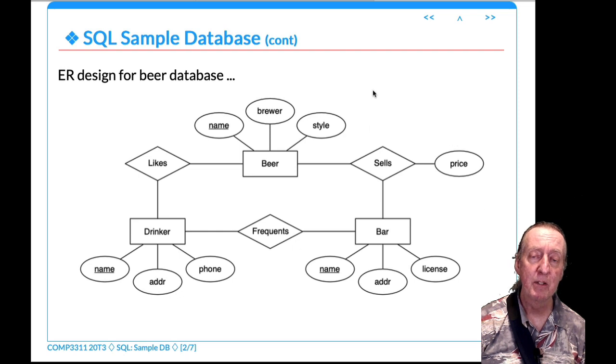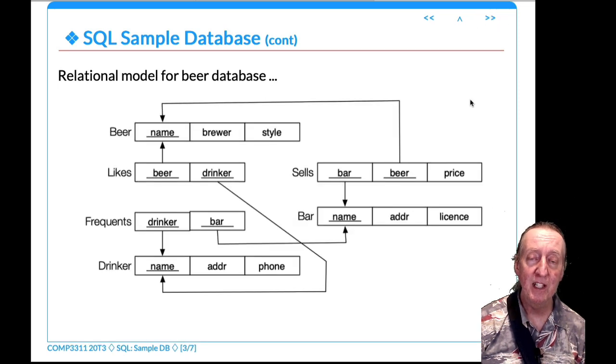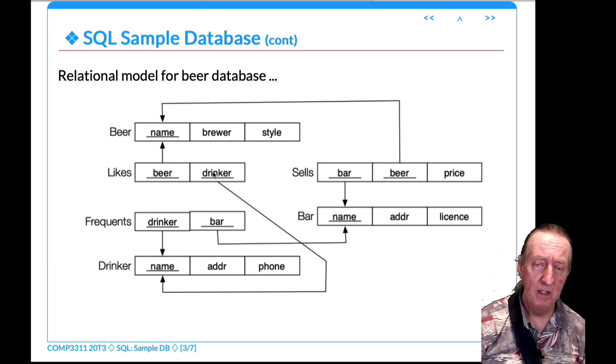Okay, is there anything else to say about this design? Probably not. So we're going to use this design as the basis for coming up with a relational design. This is very standard. So you can see that all of the relationships have turned into relations. Obviously, they're going to have primary keys to the two tables that they relate. The only one that's slightly more interesting is the sells relation.